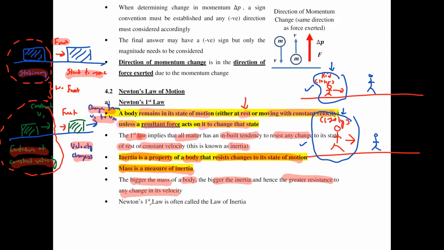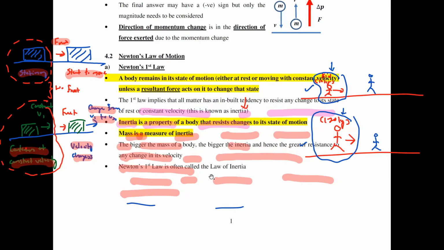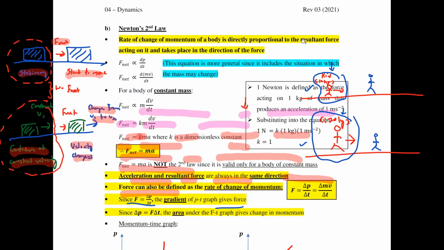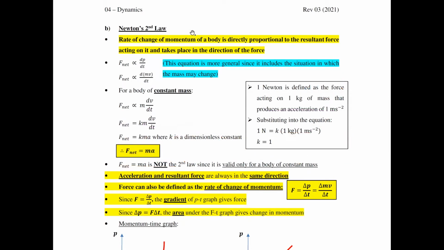So Newton's first law is sometimes called the law of inertia. Then we move on to Newton's second law. In IGCSE, you may have learned Newton's second law as F net equals ma.